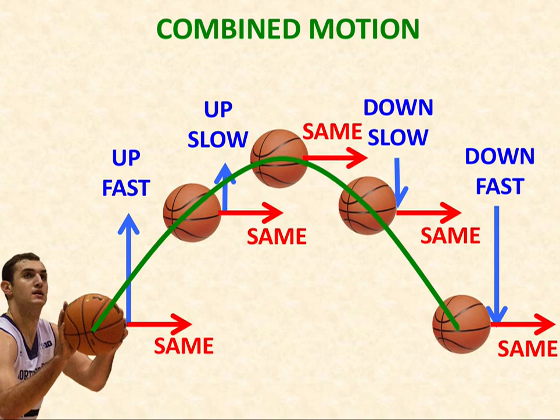Those of you that have played basketball or football know that when you throw a ball, it follows a parabolic arc as it moves towards its destination. The reason this is happening is because the y dimension is being affected by gravity, but the x dimension is being constant. And when we combine this, we get a perfect parabola.